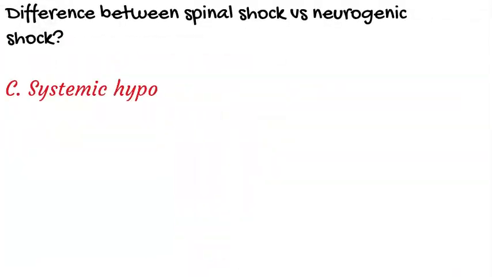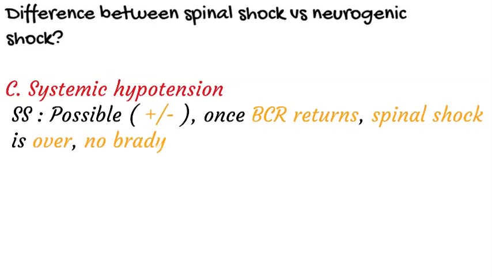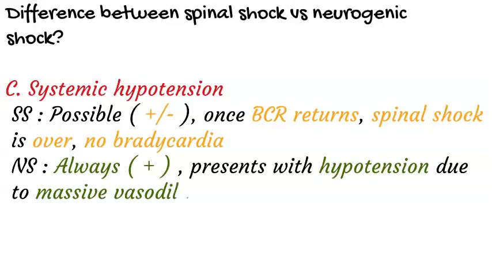C. Systemic hypotension. In spinal shock, it is possible. It might be present or absent. Once the bulbar cavernosus reflex returns, the spinal shock is usually over. Patient does not have bradycardia.